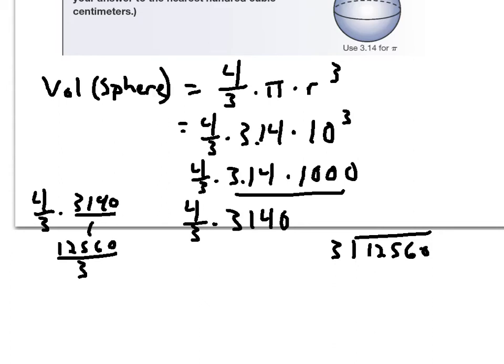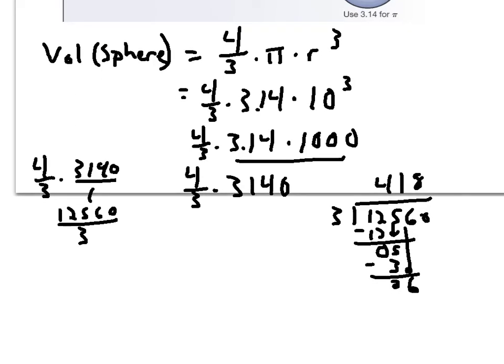So 3 doesn't go into 1, but it goes into 12 4 times. And I subtract, and 12 minus 12 is 0. Bring down the 5. Okay, 3 goes into 5 1 time, and that's 3. And I subtract and get 2, and bring down my 6. Okay, and 3 goes into 26, that is 8 times.